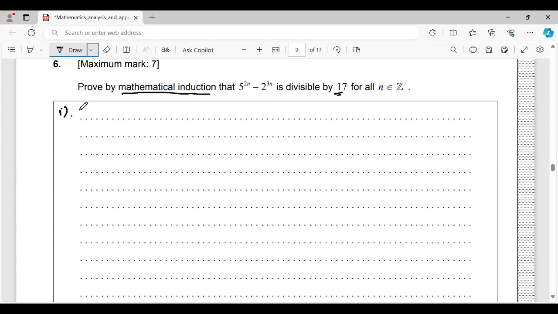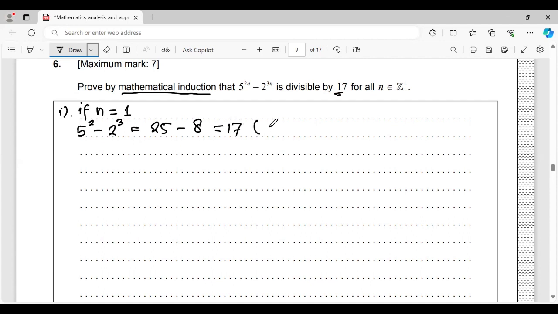The first step is if n equals 1, this expression becomes 5 power 2, or 5 squared, minus 2 power 3, 2 cubed, which is 25 minus 8 equals 17.